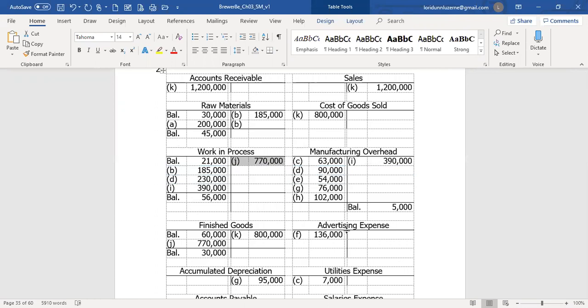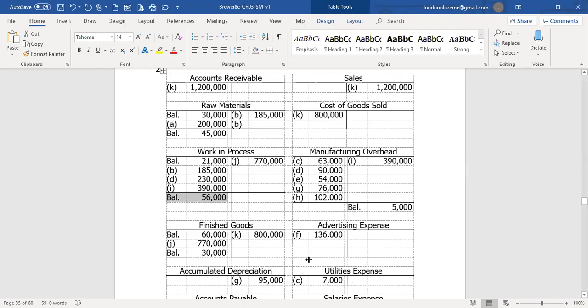Credit work in process, $770,000, and transfer that to the finished goods inventory account because it's done. Notice, there's still $56,000 debit balance in work in process. What's that for? The items that have been started at this point but are not finished. They're still being built. So there's cost out there for stuff that's still being worked on.